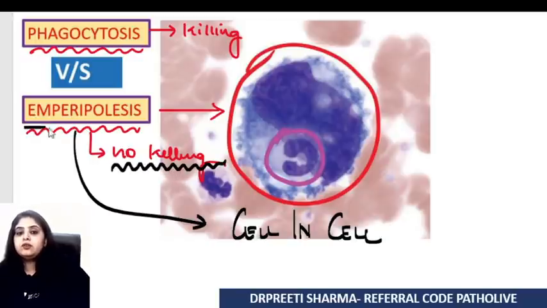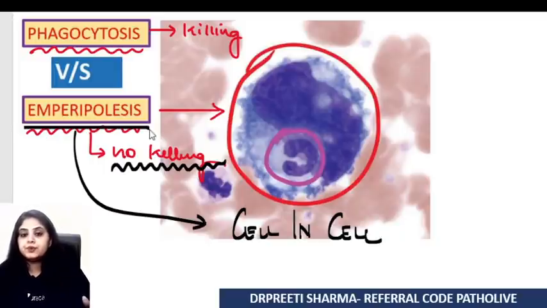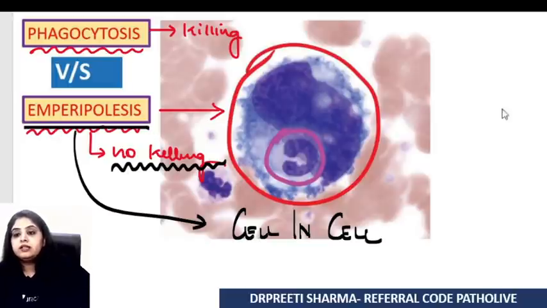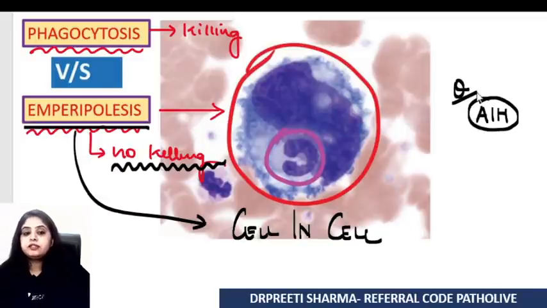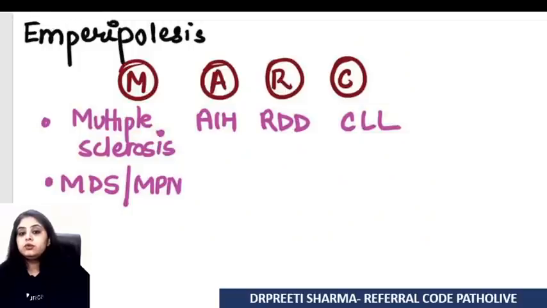So you'll ask me, where do you see emperipolesis? Guys, for the FMG exam, obviously for the NEET exam, this is much more needed in advance, and I've covered it under the images decoded sessions. But for the FMG students, please remember, there's one disease that you should know, and that is autoimmune hepatitis. Autoimmune hepatitis shows you emperipolesis, and I think that should do the trick for you. But for the other students, if you want to know where all can we see emperipolesis, you can see it in a mnemonic called MARK.